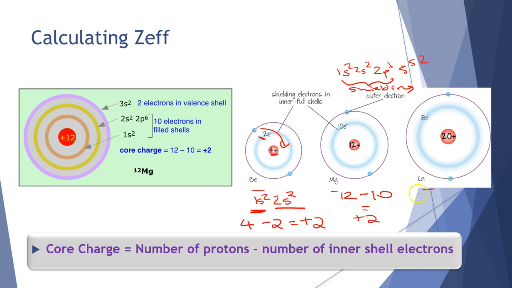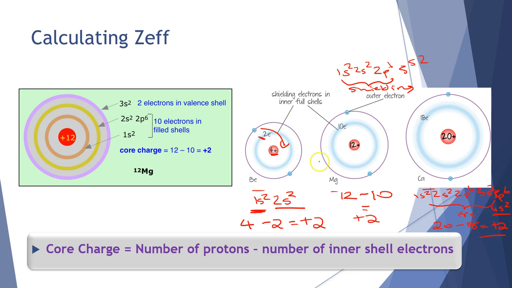Calcium, we've got 1s2, 2s2, 2p6, 3s2, 3p6, and then we are going to have 4s2. So 4s2 is now my valence shell. All of these 18 electrons are my shielding electrons. I'm going to have 20 minus 18, which leaves me with a +2 effective nuclear charge.